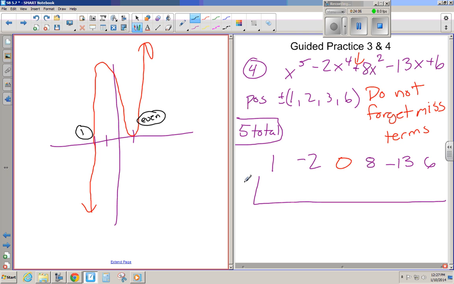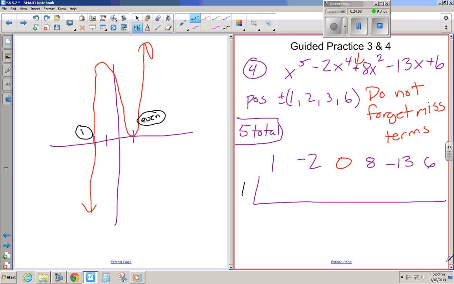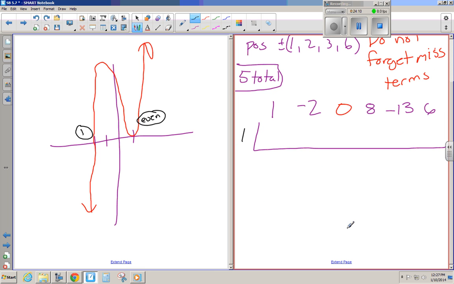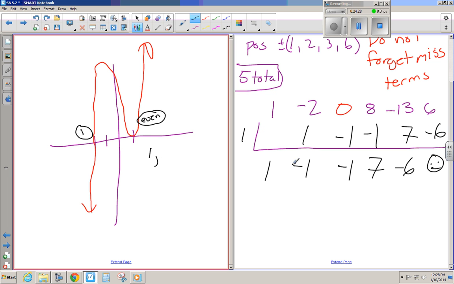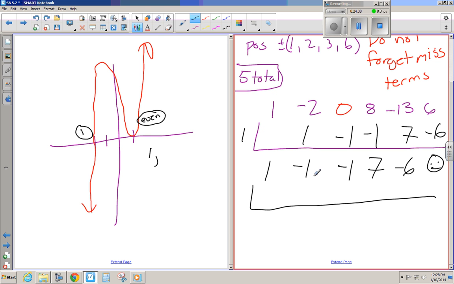So let's start with the singular one. Let's put a 1 there. One works. Oh, I guess we didn't do the singular one. We did this one.